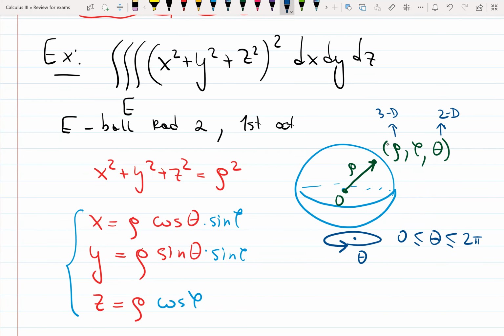However, phi is only from 0 to pi, because it creates the angle from the north pole to the south pole, like so. So how far away I am, that's rho, and then like so is phi.